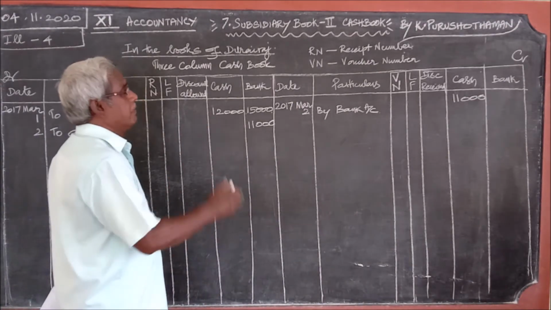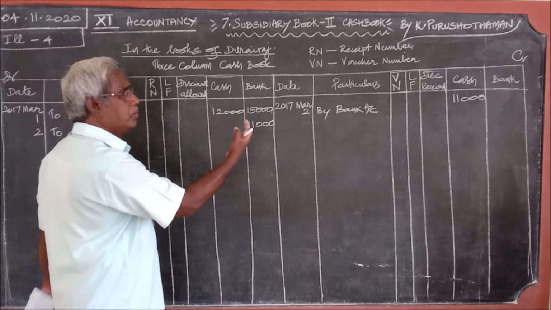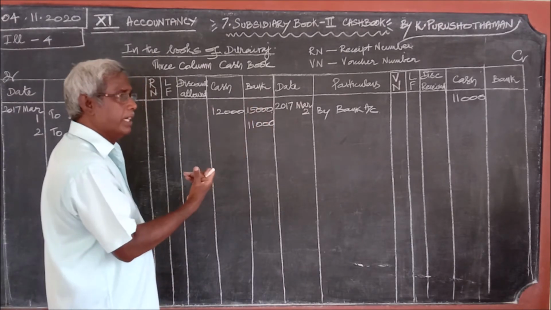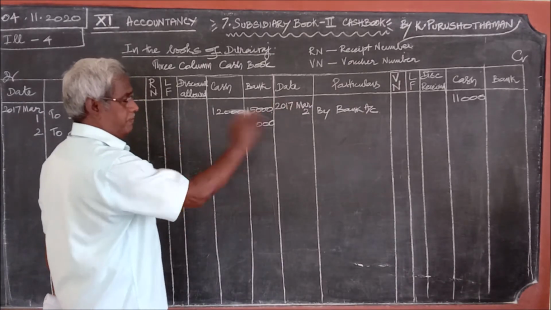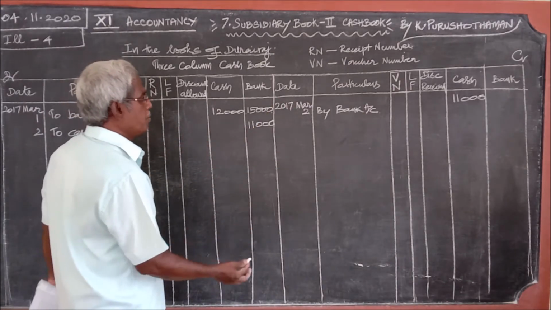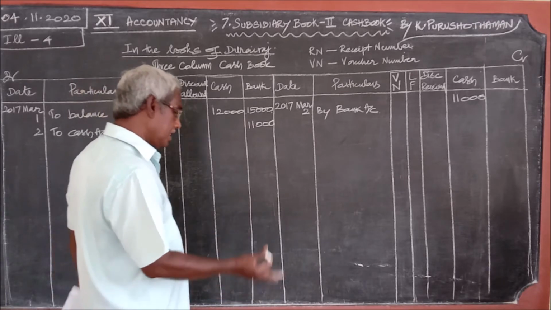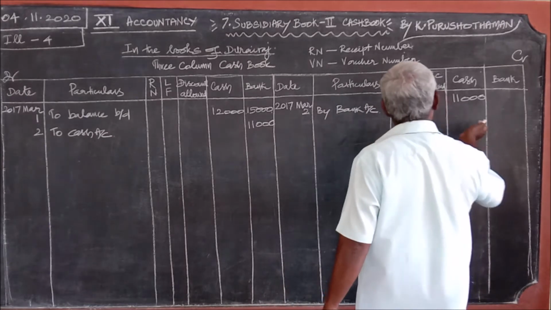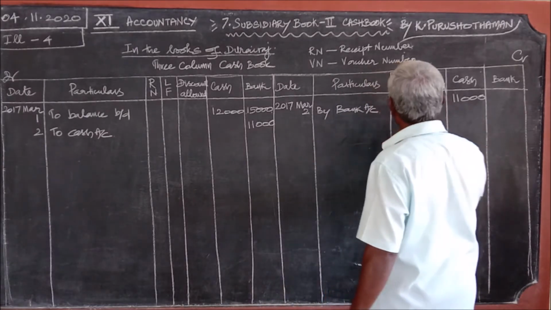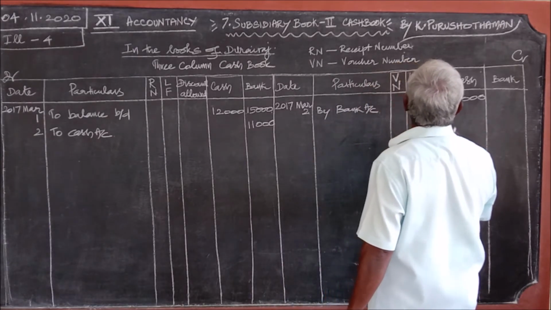And usually we have only one entry for each transaction. But for cash paid into bank and cash withdrawn from bank, there are 2 entries, that too on both the sides. On opposite sides of the 3-column cash book, we pass entries.